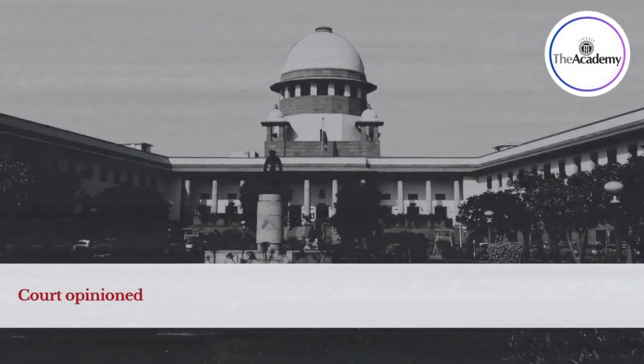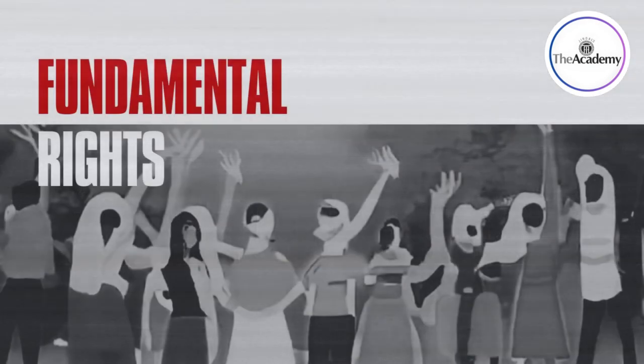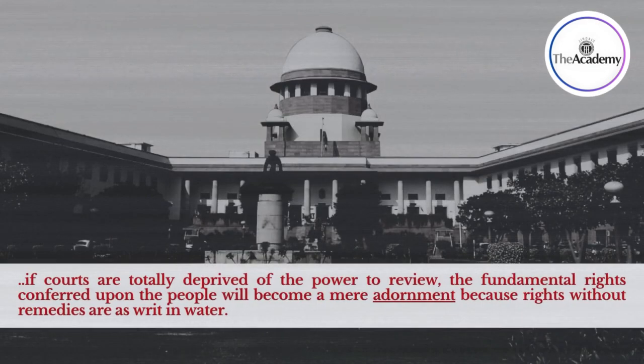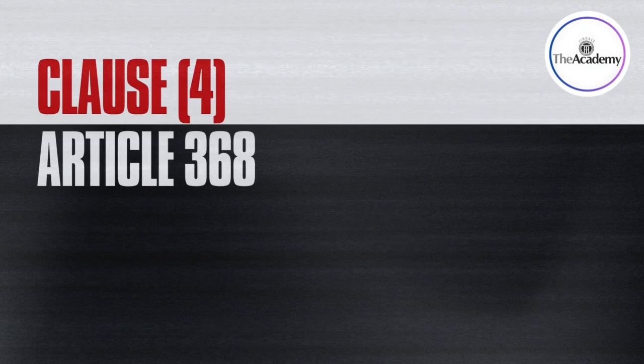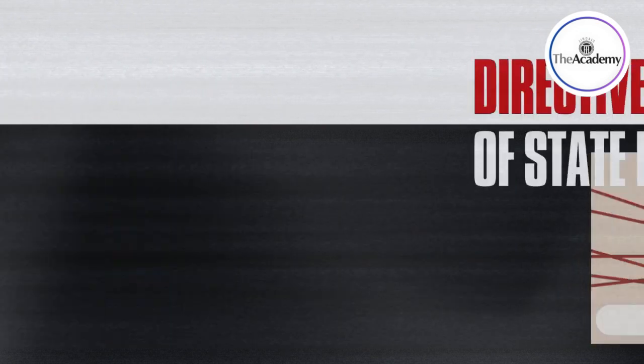The court opined that if courts are totally deprived of the power to review, the fundamental rights conferred upon the people will become a mere adornment, because rights without remedies are as writ in water. Clause 4 of Article 368 totally deprives the citizens of a right guaranteed under Article 32.